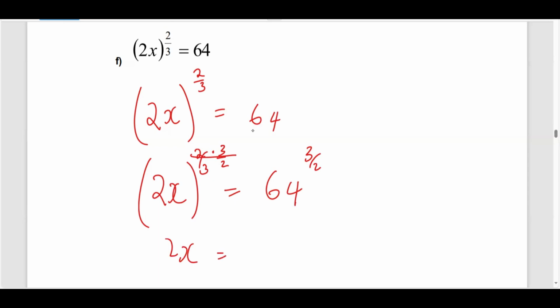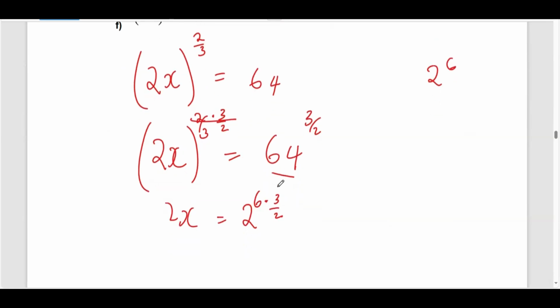I know that 64 can be the same as 2 to the 6. Okay, so I'll have 2 to the exponent of 6, but I'm multiplying it by 3 over 2. Okay, let's see.